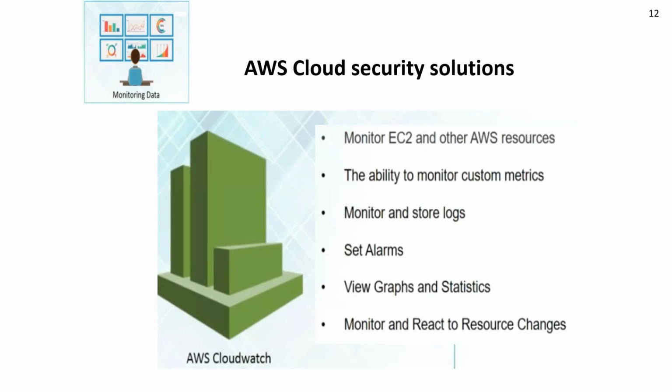Coming to the very first aspect of this cloud security model, that is monitoring. In AWS, monitoring is done by the CloudWatch service. Similarly, if we talk about Microsoft, we have Azure Monitor, which does the same job.